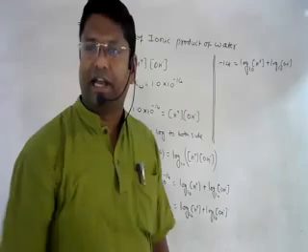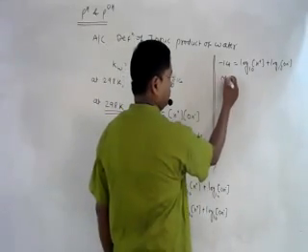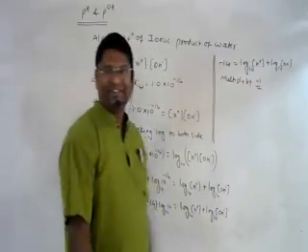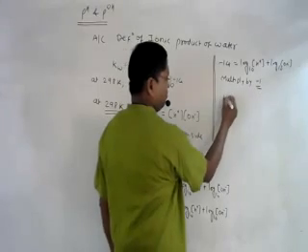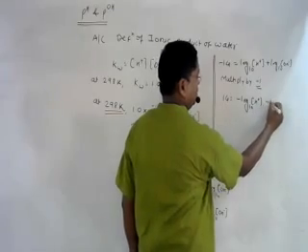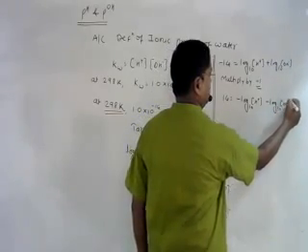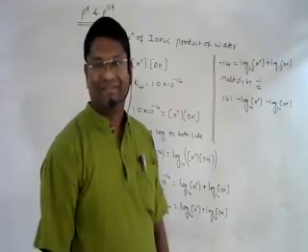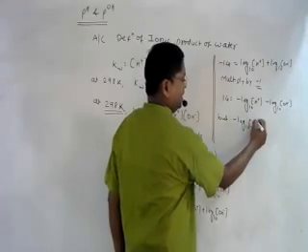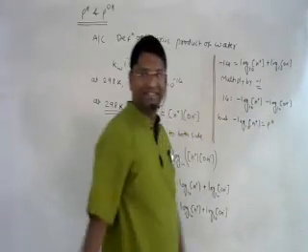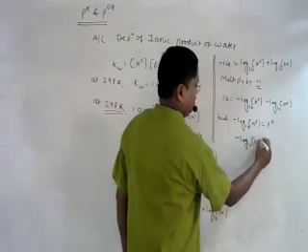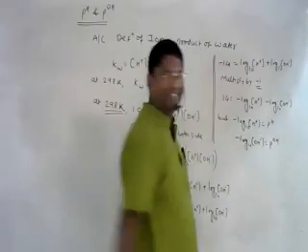Let's multiply the entire equation by minus 1. What we will get? 14 is equal to minus log to the base 10 H positive minus log to the base 10 OH negative. But we know minus log to the base 10 H positive is pH and minus log to the base 10 OH negative is pOH.